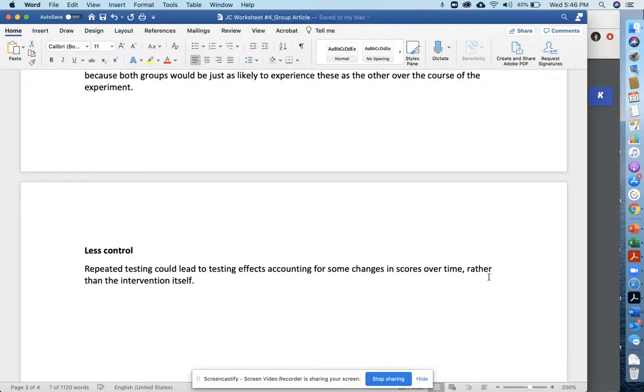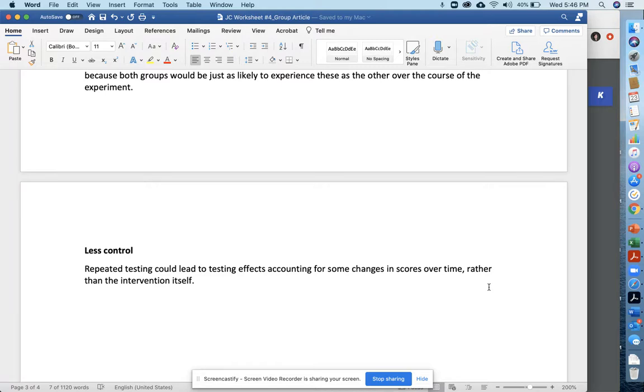Now, there is one weakness of this design, which is testing, especially since we have several measures and time points. It's going to be hard for us to show that there weren't testing effects.